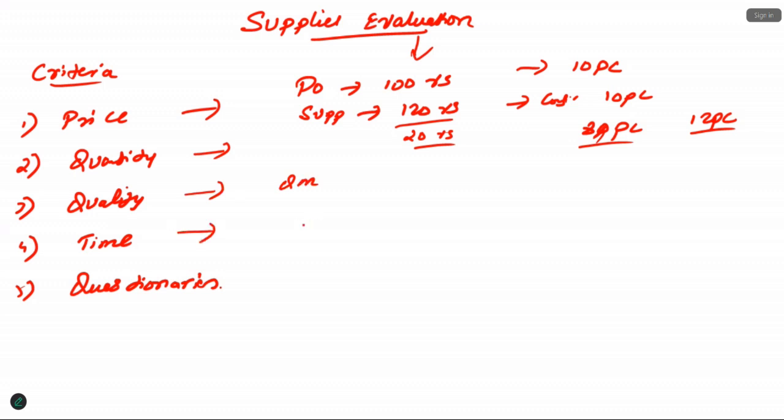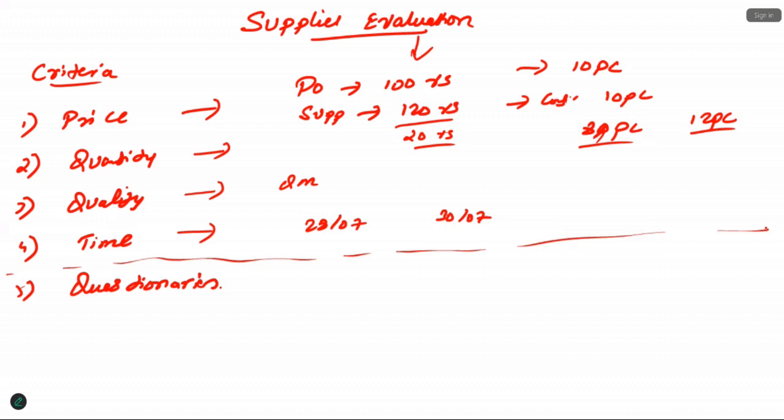He confirmed that he'll be sending on 28th of July, but he's sending on 30th of July. That is also an issue. So for all these criteria, what we discussed till now, system is going to do the calculation automatically. You don't have to do anything.